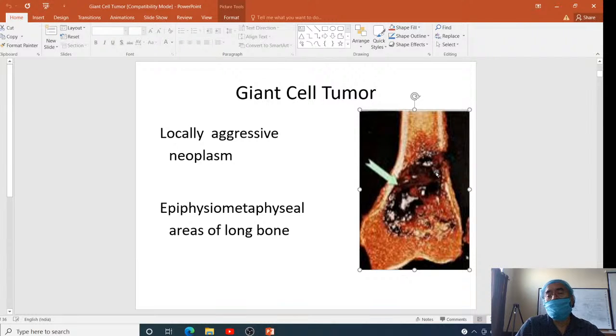It's multicentric. That means they arose simultaneously or one after the other, so one has nothing to do with the other growth. So that is multicentric origin of GCT. Usually metastasized to lungs, locally aggressive, and epiphysis mostly.